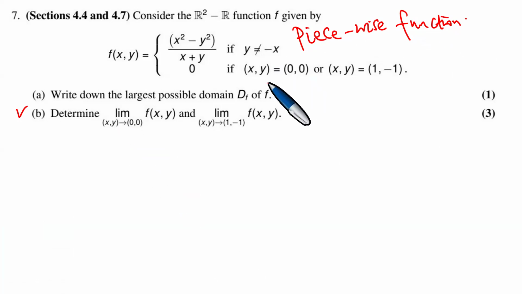Because the point x, y equals 0, 0 here, we're going to use the top part, because the limit is when we are not at the point, but we are approaching the point. So we cannot use the bottom part.